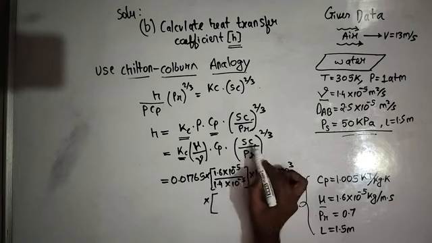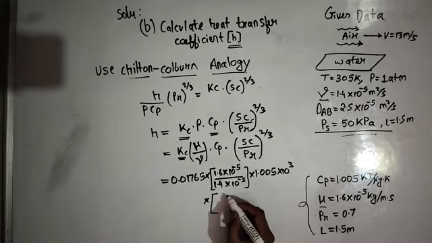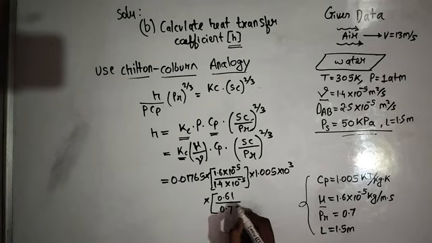We have to substitute the values of Schmidt number and Prandtl number. Schmidt number we have also calculated, which comes out to be 0.61, upon Prandtl number, which is given as 0.7, to the power 2 by 3.